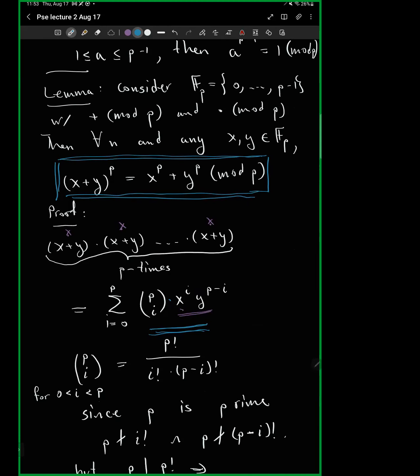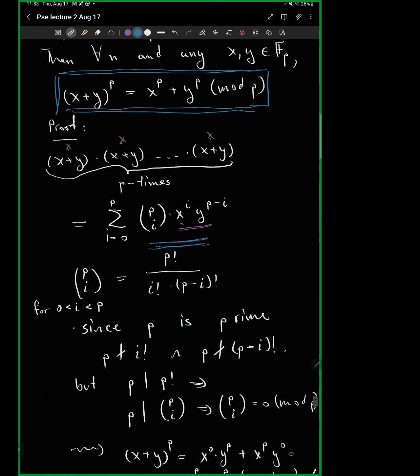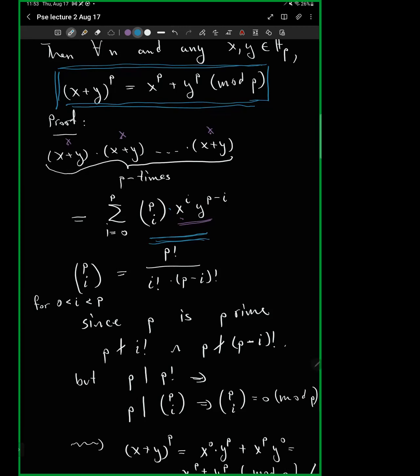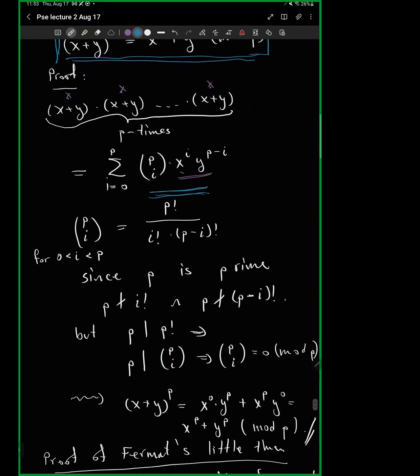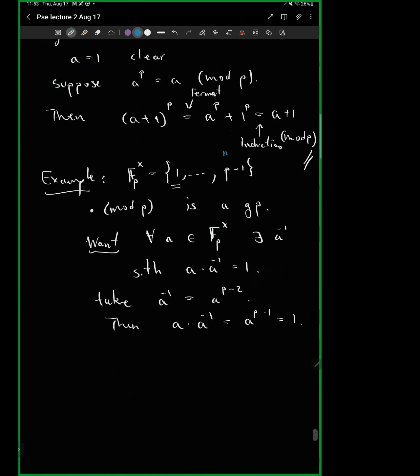Essentially because the argument that all the binomial coefficients vanish modulo P is not true for a natural number that is not prime. So the whole argument collapses, and therefore we really have to have a prime number in order for this collection to be a group.